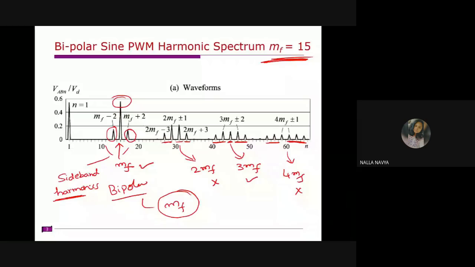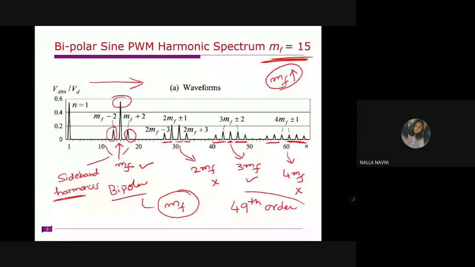When you increase the value of MF, this harmonic spectrum is shifted to the higher order harmonic side. Practically, in machines and power systems, we normally consider up to the 49th order harmonic.